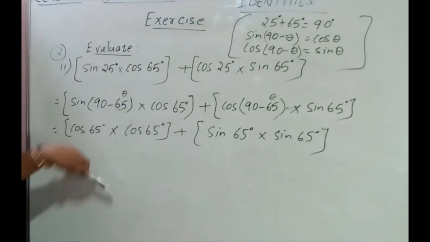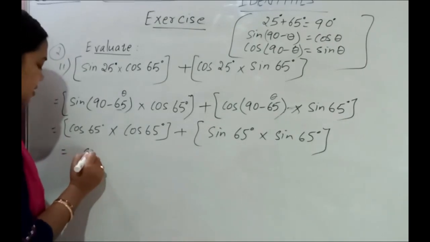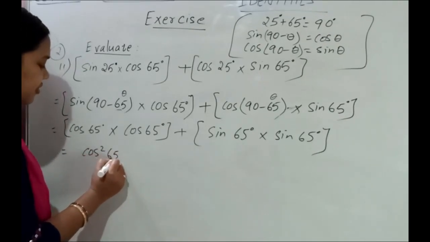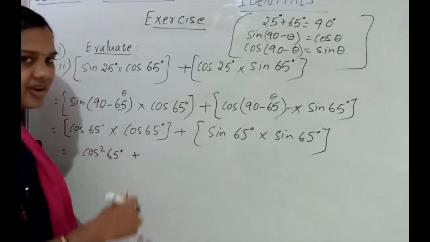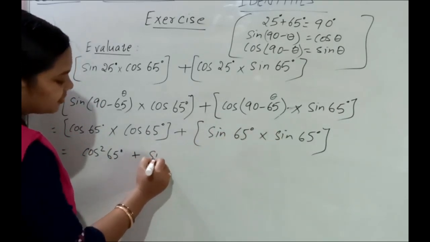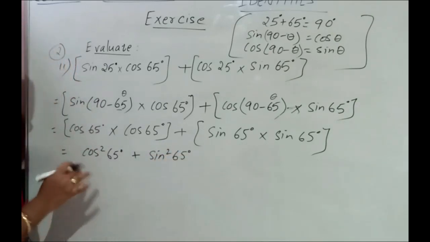Now you see, cos 65 into cos 65 is cos² 65, plus sin 65 into sin 65 is sin² 65. Are you understanding?